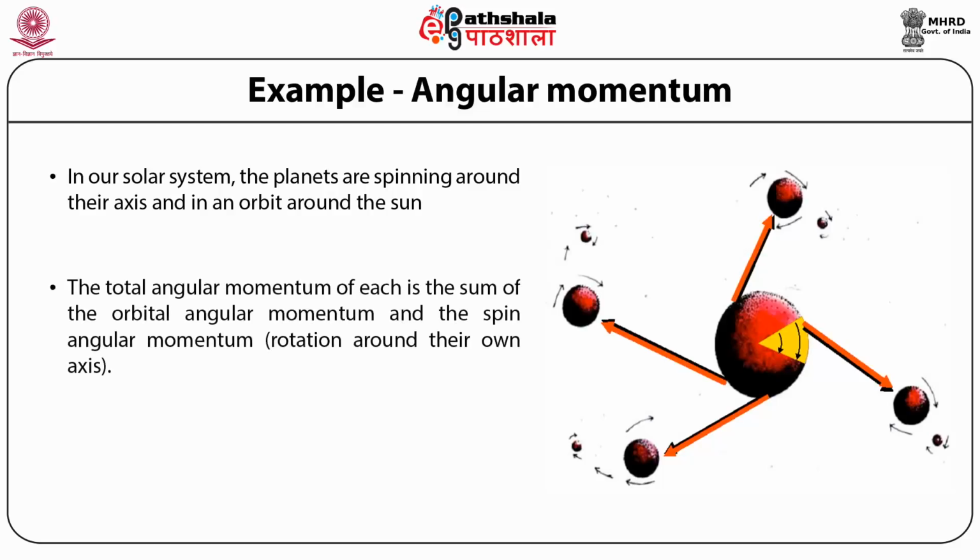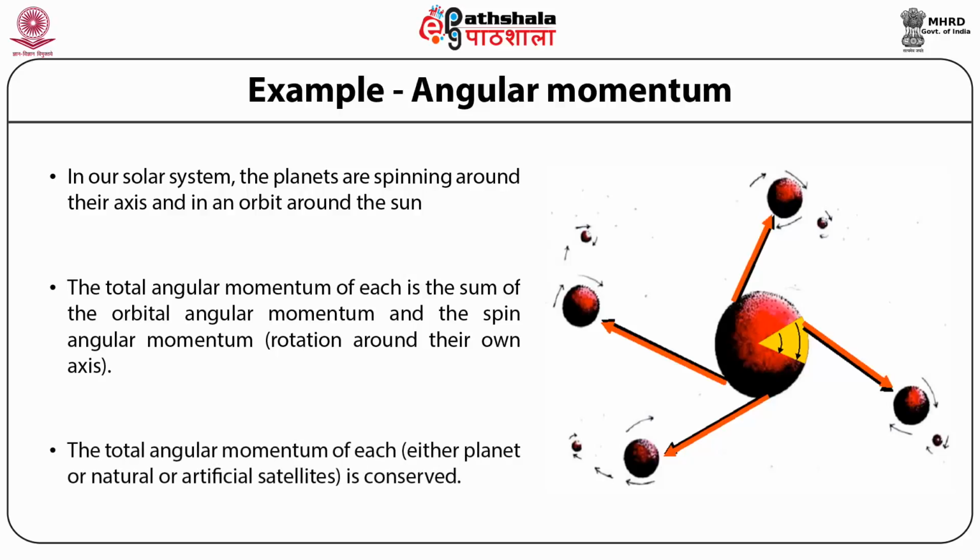The total angular momentum of each is the sum of the orbital angular momentum and the spin angular momentum. And the total angular momentum of each planet or natural or artificial satellites is always conserved.